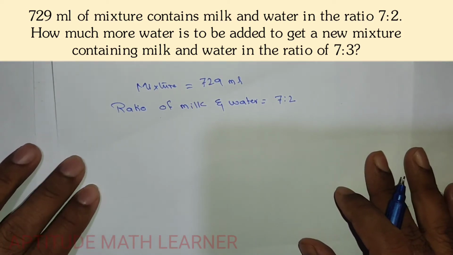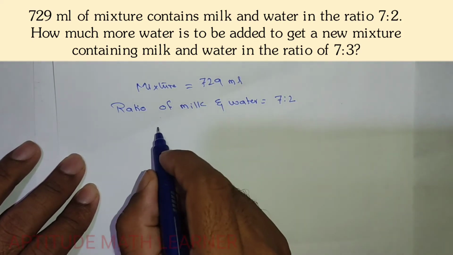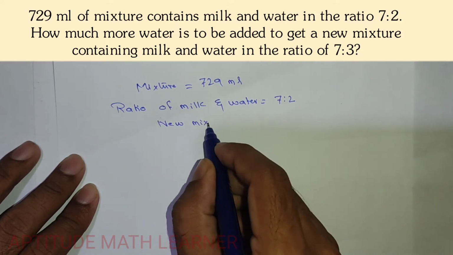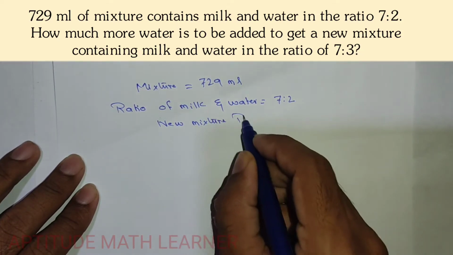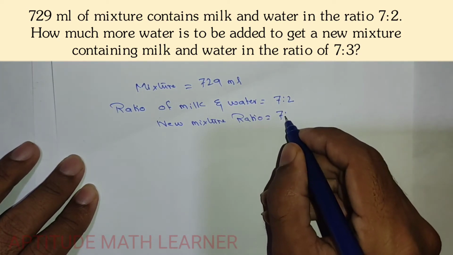What we have to find is the new mixture. What is the ratio of the new mixture? The new mixture's ratio is 7:3.